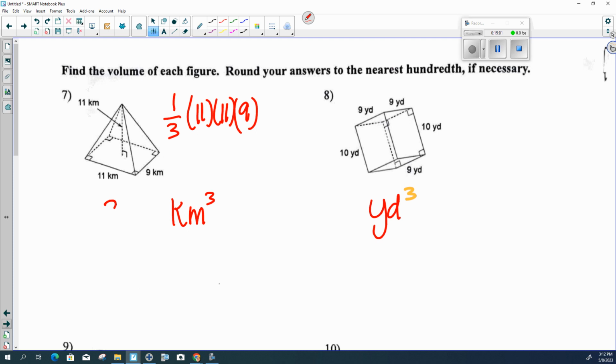And so this one, interestingly enough, is a whole number. This is a rectangular prism, not a pyramid, but a prism. So I don't need the 1/3. Length, width, height. It's kind of funny when there's two of the same numbers. So 810 yards cubed.